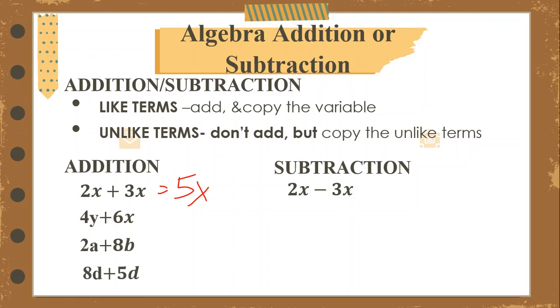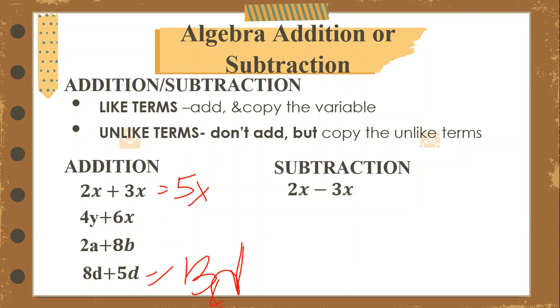Next, 8D plus 5D is equal to 13D. They are like terms. So, 13D.